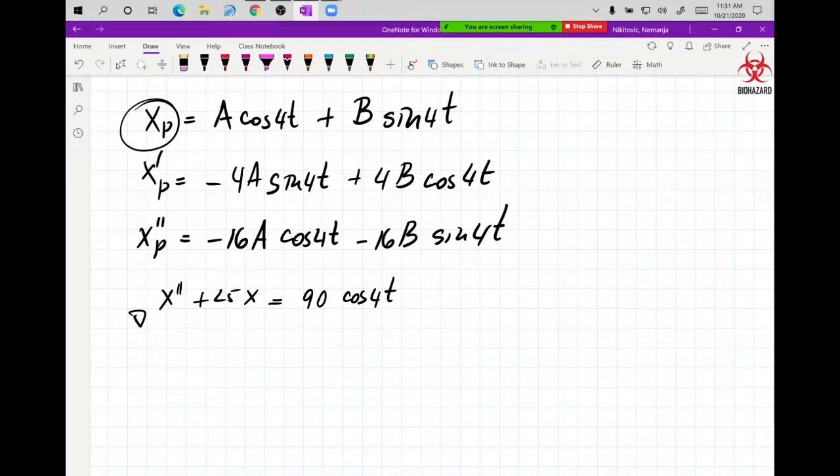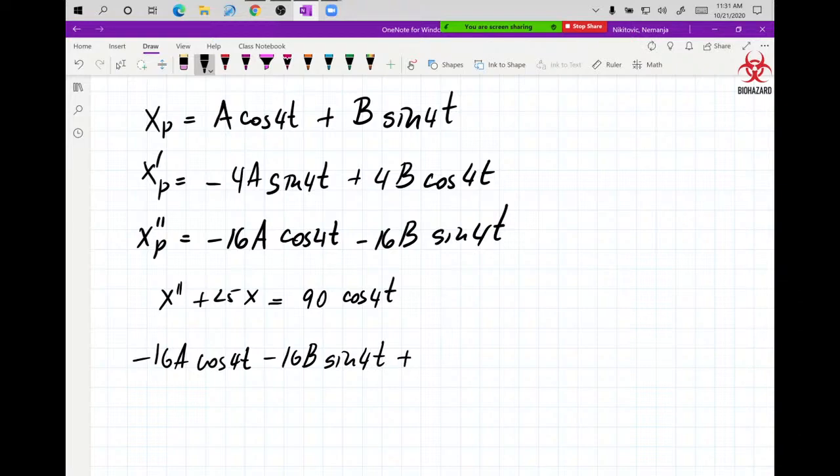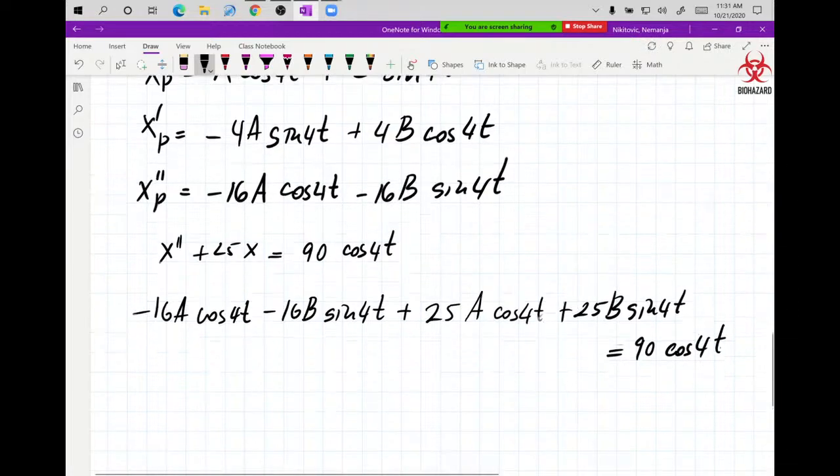So that's just the standard stuff for undetermined coefficients. So we have negative 16a cosine 4t minus 16b sine 4t plus, and now 25 of the ones above, so that's 25a cosine 4t plus 25b sine 4t is equal to 90 cosine 4t.